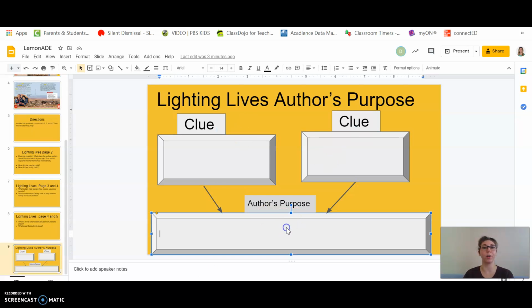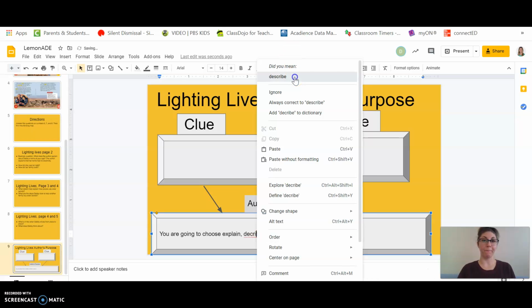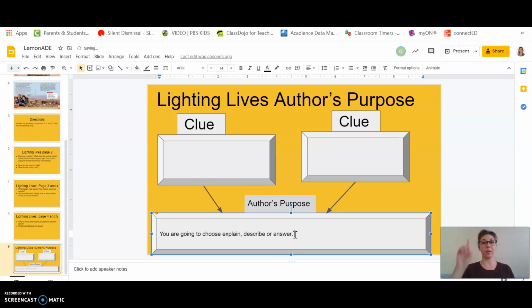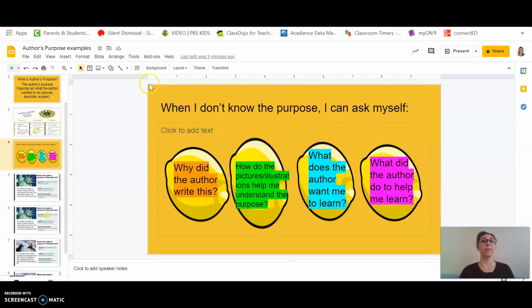And then down here, you are going to choose explain, describe, or answer. You're going to choose one of these by looking and finding clues in the text to help you figure out what was the author trying to do. And again, you can use this to help you understand what the author was trying to do.